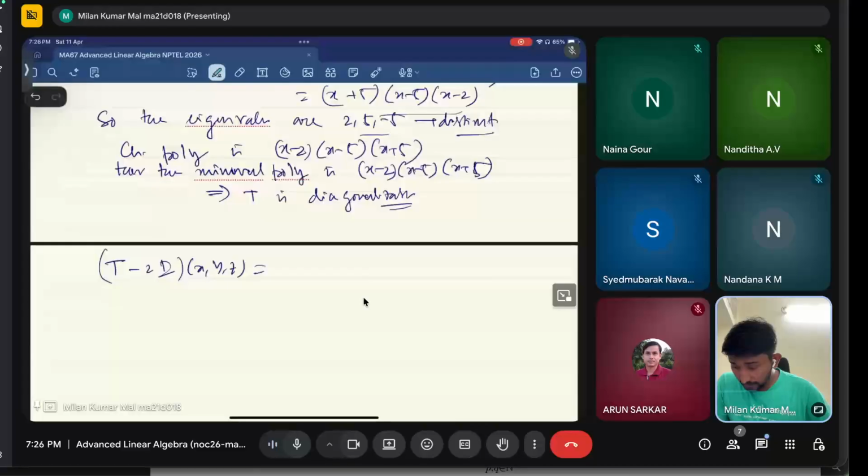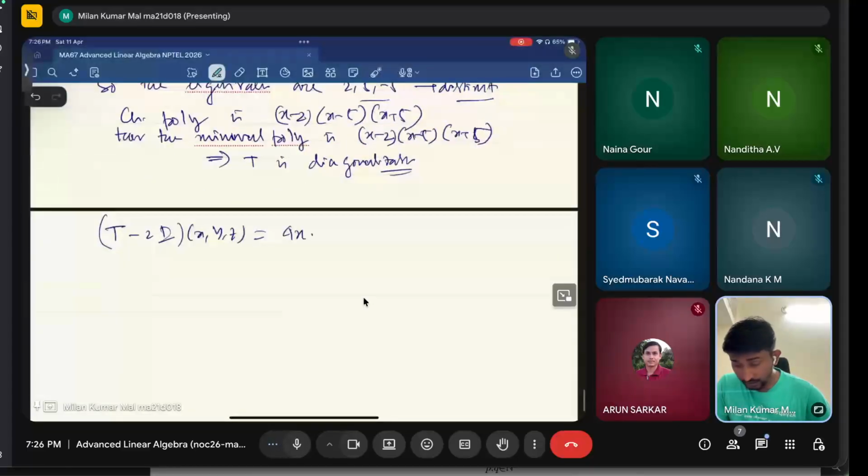T of (x, y, z) maps to (4x minus y minus z, minus x plus 4y minus z, minus x minus y plus 4z) minus 2 times (x, y, z).